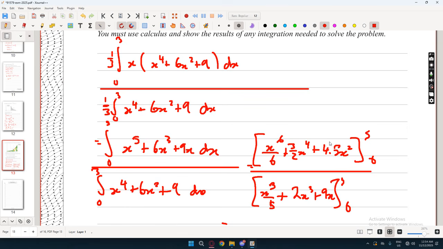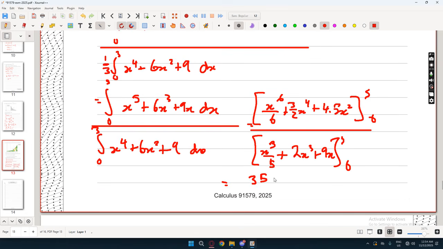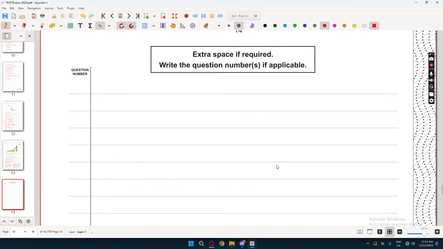Plus 6x cubed plus 9x dx. Okay, that's one equation. And on the bottom, I want 0 to 3 of x to the 4 plus 6x squared plus 9. And that comes out to 35 116. Thank God. Okay, I'm going to scull the rest of my bottle.